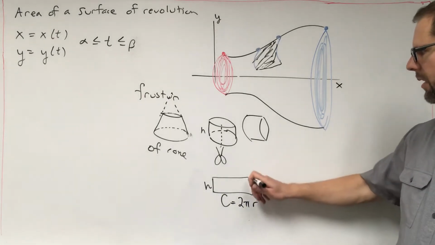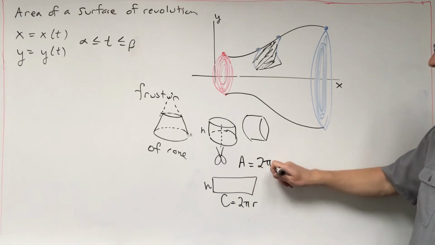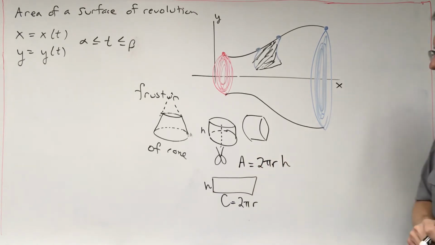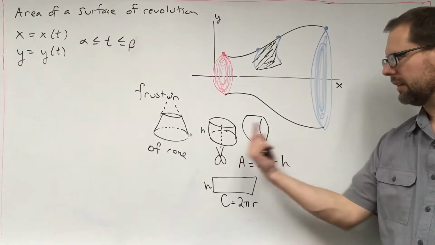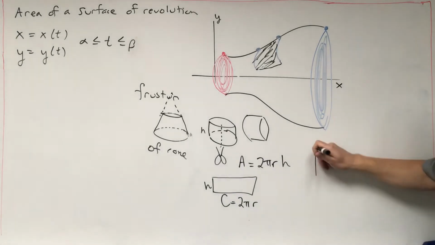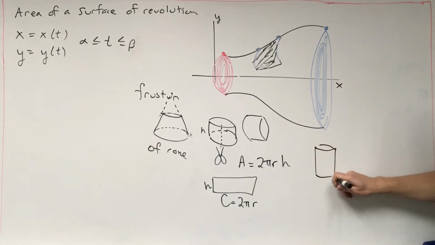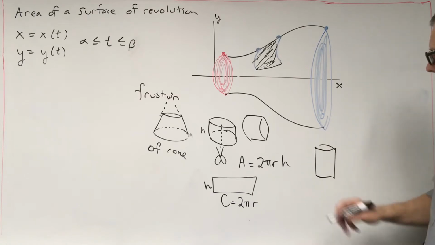And so a formula for your area is 2 times pi times the radius times the height. So once again, that's going to be the lateral area of this cylinder. So you can imagine like a soup can, and what we're talking about is the amount of area covered by the label.